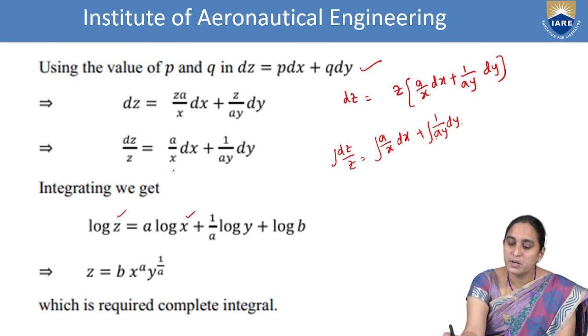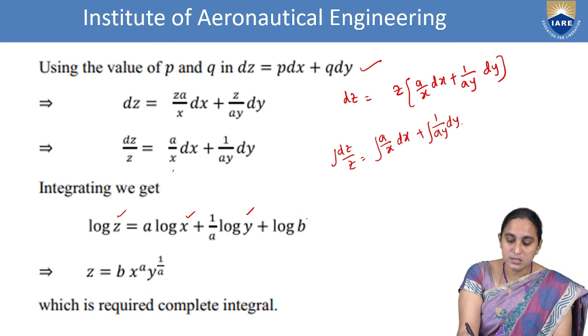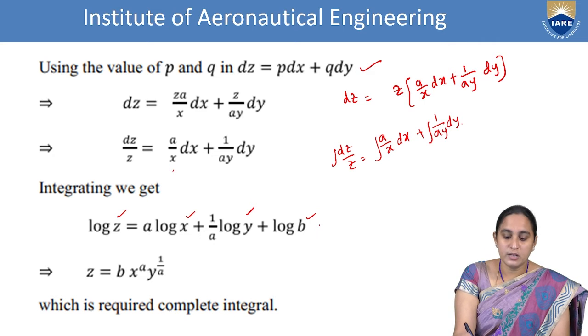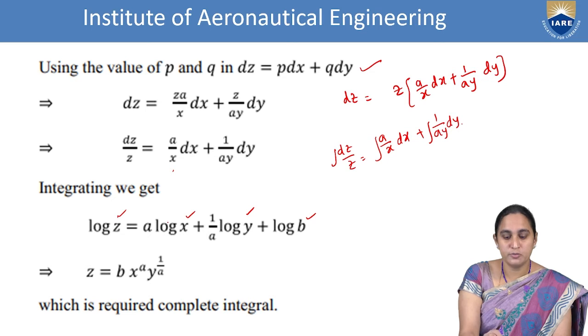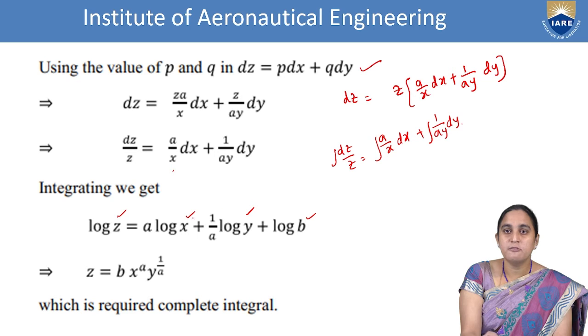And next, 1 by a I'll take outside, and 1 by y integration with respect to y is log y. And the constant also I'll take within the logarithmic form, that is log b. Therefore, log z is equal to a into log x plus 1 by a into log y plus log b form. Once you observe the RHS part, what is the form of this again? It is in the form of log a plus log b plus log c.